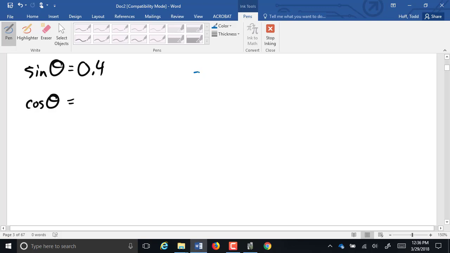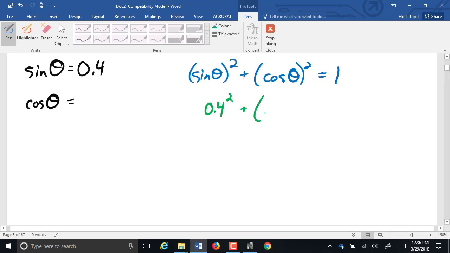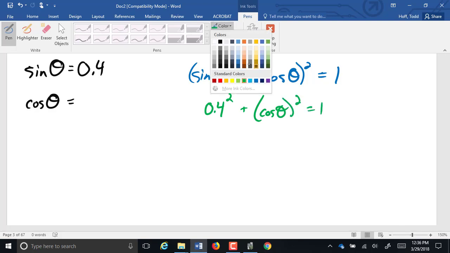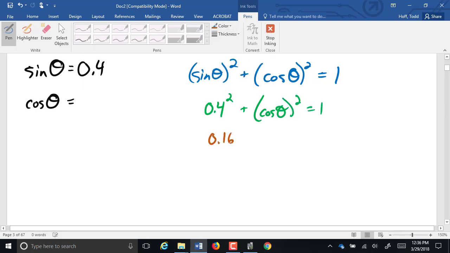Because the sine of the angle squared plus the cosine of the angle squared has to equal 1 squared, or 1. So we have 0.4 squared plus that cosine squared equals 1. 0.4 squared is 0.16, plus cosine squared equals 1.